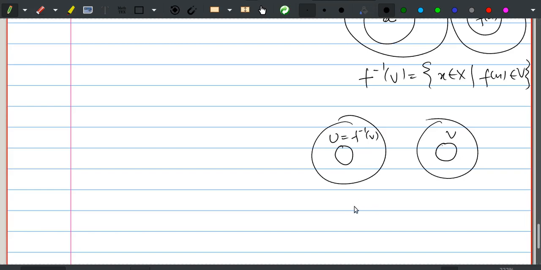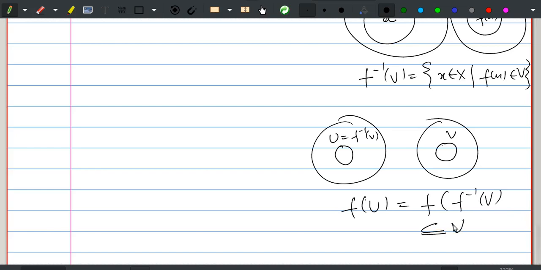So if we look at f of U, which is same as f of f inverse V, this is going to be a subset of V, not equal to V, because if our f is not onto, so suppose this f is non surjective, that means there is some part here which does not have pre-image.